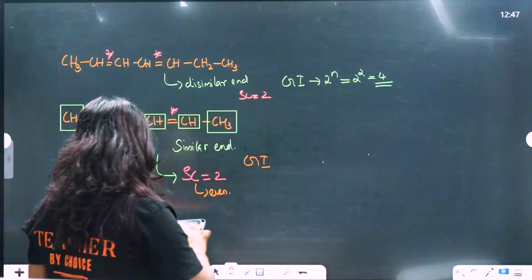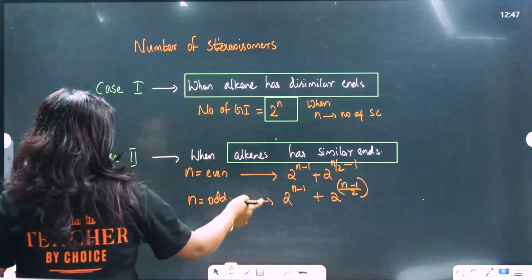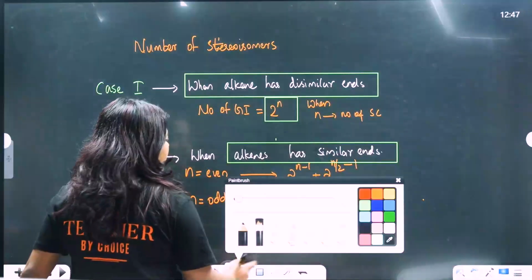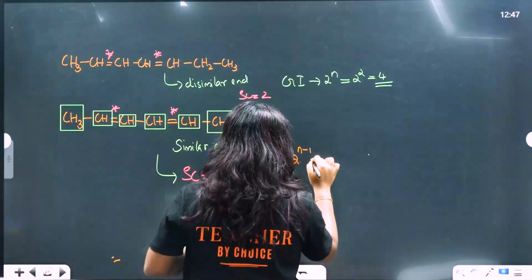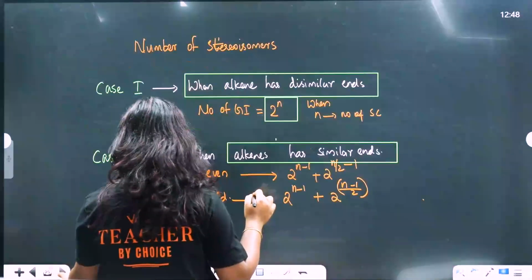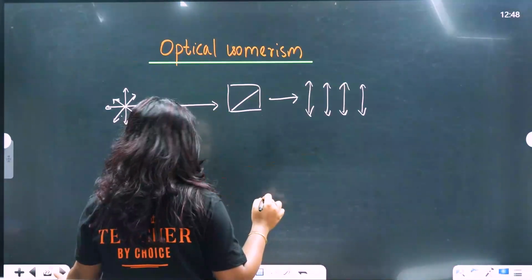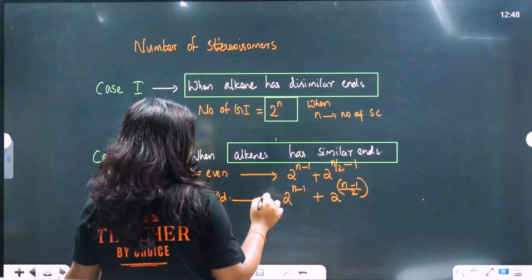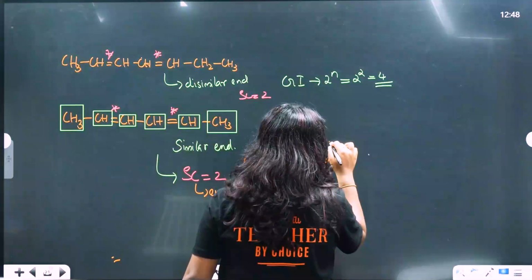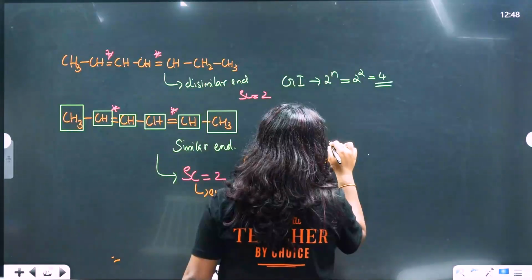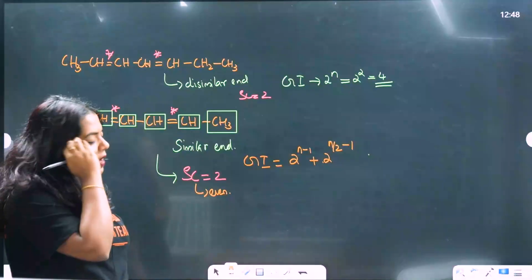If it is even, the formula is 2 raised to n minus 1 plus 2 raised to n by 2 minus 1.